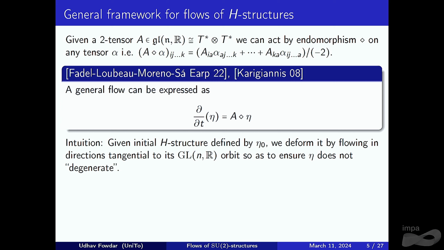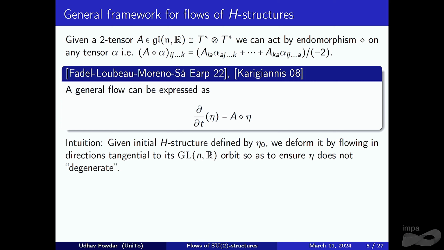Yes. I'm just wondering why you have two indices down on A. I mean, it's in GL(n,R). Yes, I'm just assuming there's a metric around so I can just lower. But you don't need a metric to define this. So it would be better to leave one of the indices up. Yes, I agree, it would be less confusing.